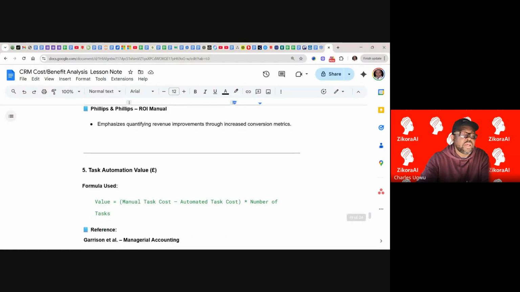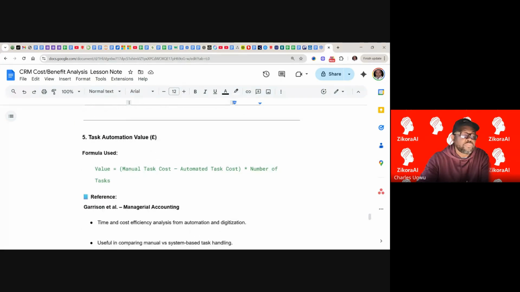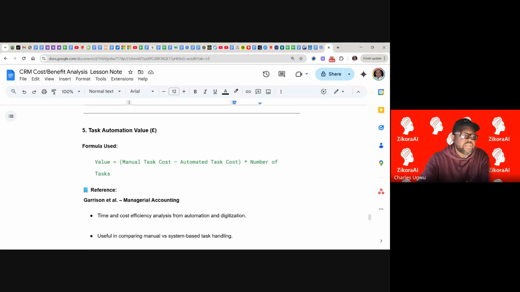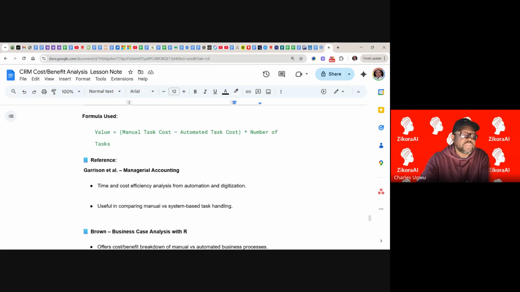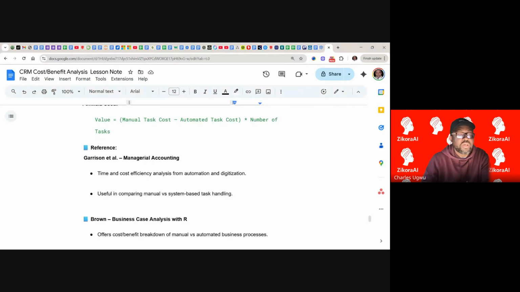And then number 5, task automation value. The formula is here and is from Garrison et al., Managerial Accounting: time and cost efficiency analysis from automation and digitalization, useful in comparing manual versus system-based task handling.